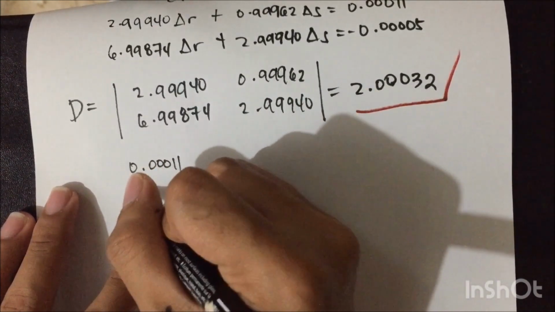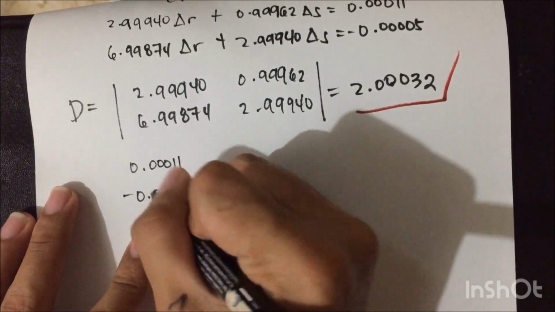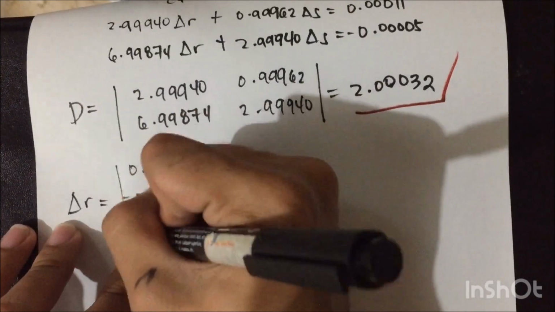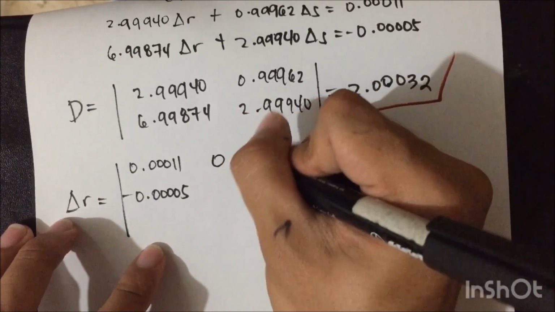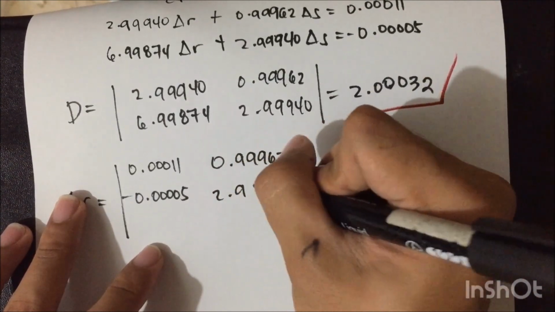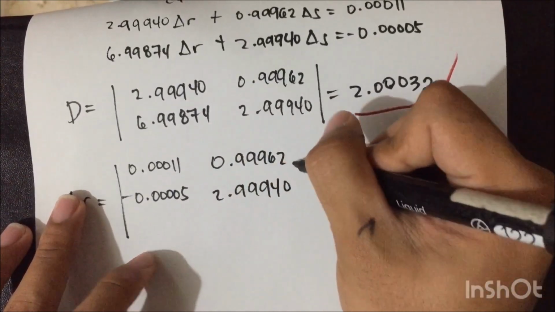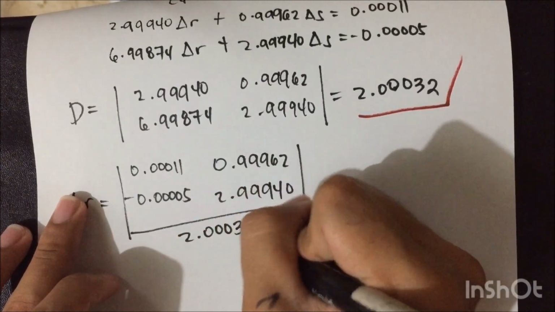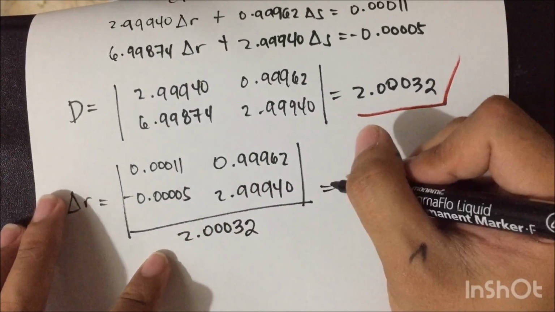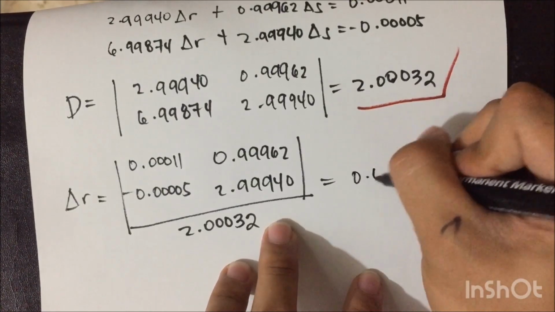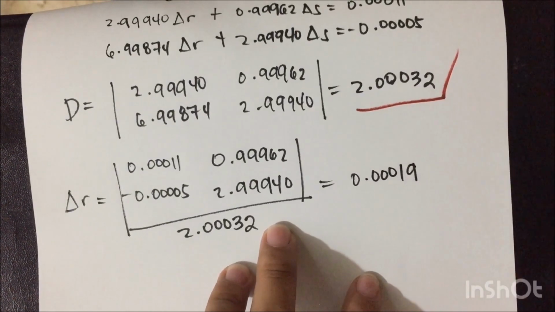So again, to get the value of delta R, we substitute the constant here. 0.0011 and negative 0.0005. Then the value of 0.99962 and 2.99940 over the determinant 2.00032, which will be equal to delta R 0.00019.